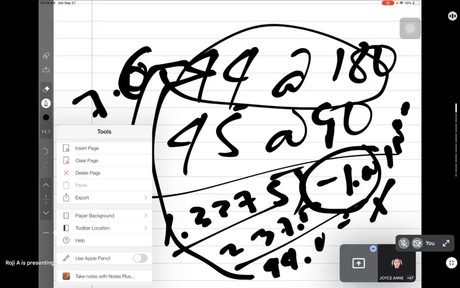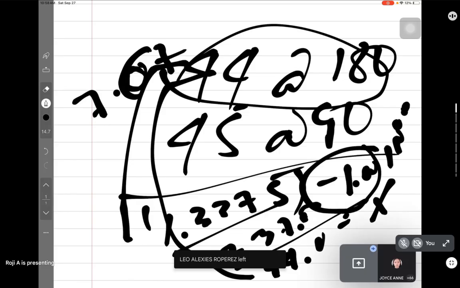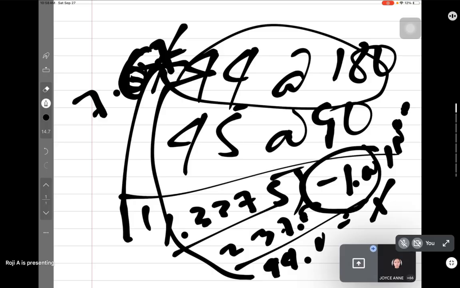The final answer, Doc? Yes, 7.67, and then you round. But don't round off first. This is 7.67 based on this formula. But remember, there's a fit factor.